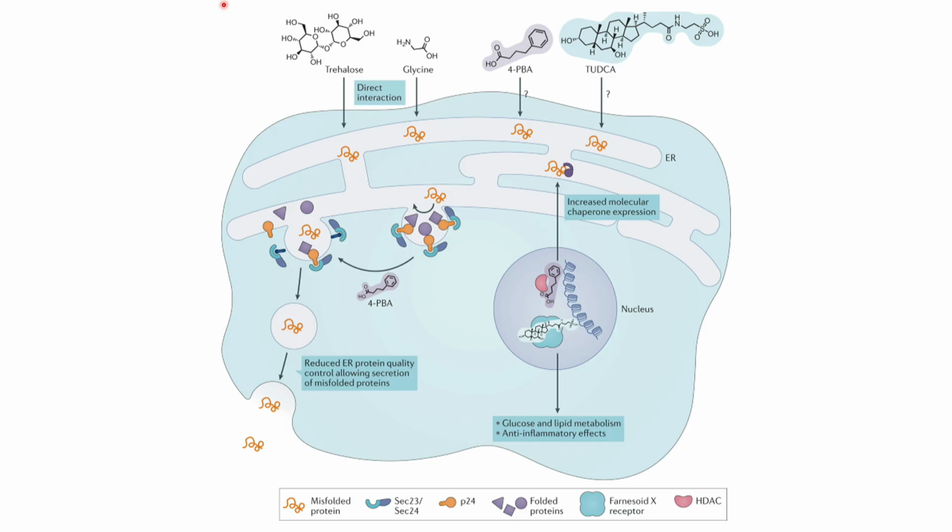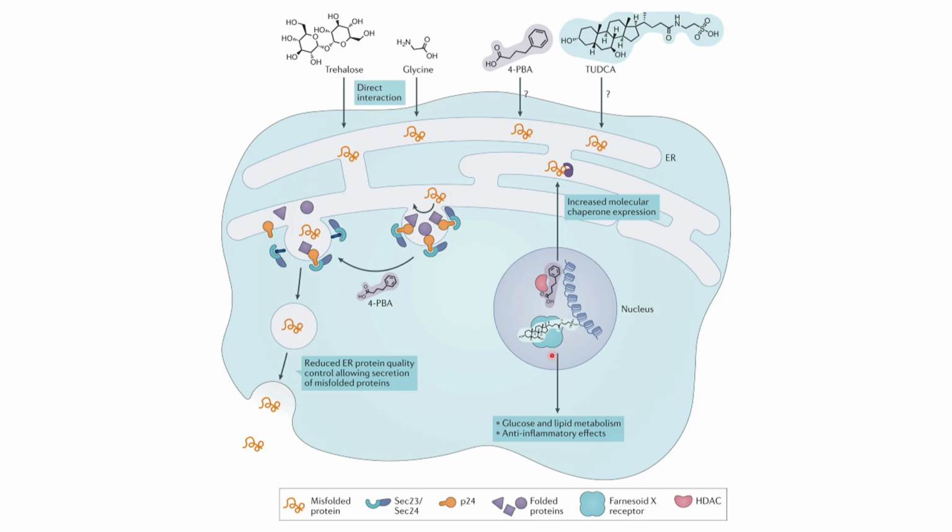Apart from that, these two molecules, PBA and TUDCA, are found to be very good chaperone molecules. There are certain reports which say that TUDCA and PBA directly bind to the unfolded protein also and prevent its aggregation, but they have multiple roles. They are also involved in reducing inflammation. They also go into the nucleus.